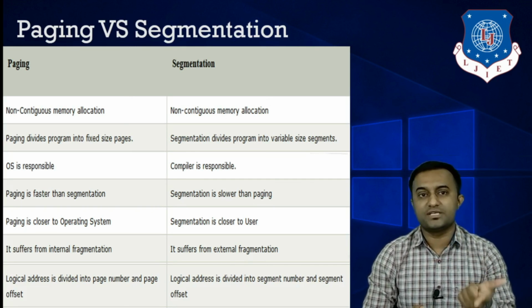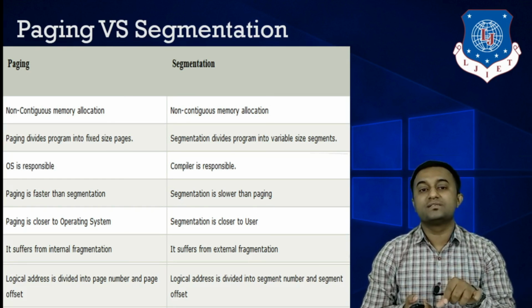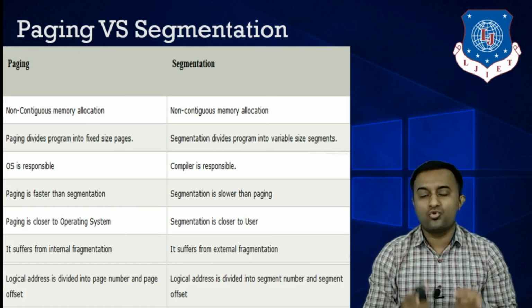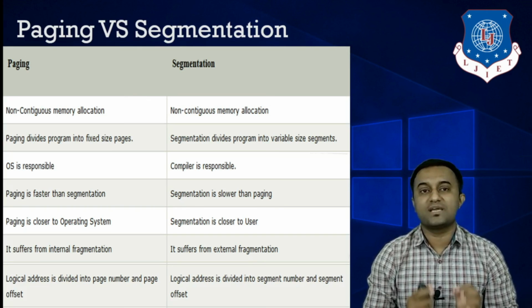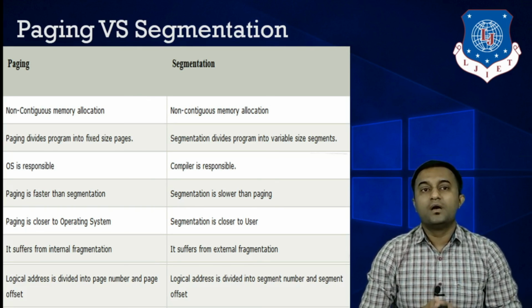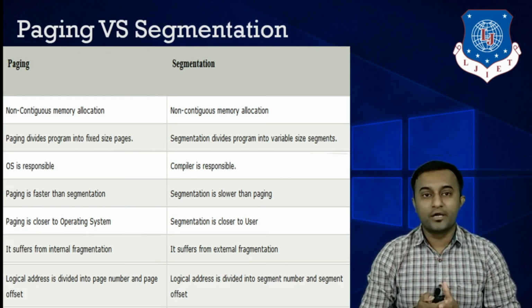Whereas in the case of segmentation, the logical address generated by the CPU is divided into two parts: one is the segment number and another one is the segment offset. So in this way, the non-contiguous memory allocation schemes work. Okay, I hope it was clear to you.